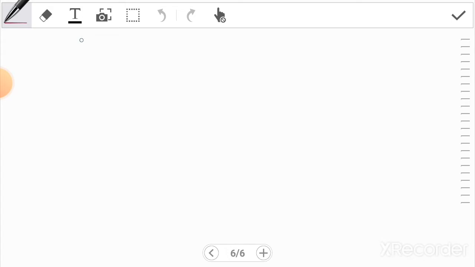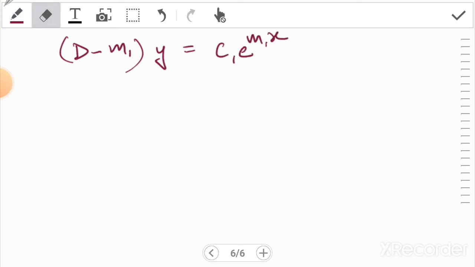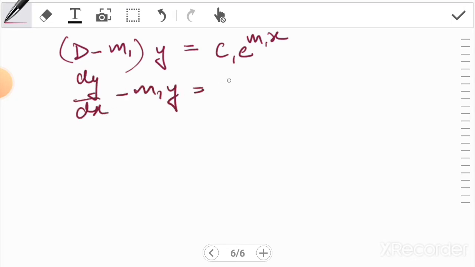So now (D minus m1)y is equal to c1 e raised to the power m1x, or dy by dx minus m1y is equal to c1 e raised to the power m1x.